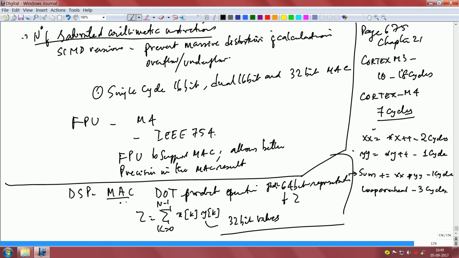So essentially this is just one cycle, which is amazing for Cortex M4, and this is where the Cortex M3 goes for a toss. It can take anywhere from 3 to 7 cycles.